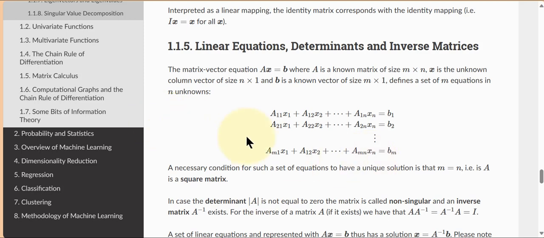But anyway, I'm not going to think about that too hard, but I'm pretty sure that's wrong. Anyway, let's just read what it says. A necessary condition for a set of equations to have a unique solution is that m equals n, i.e. it's a square matrix. So he's saying it has to be a square matrix. I don't think that's true. But anyway, let's just go on from there.